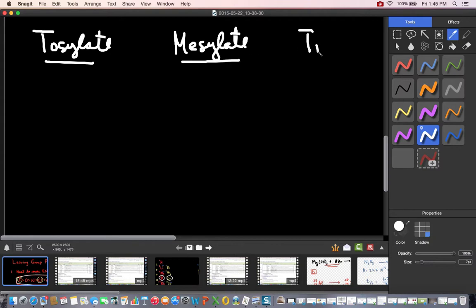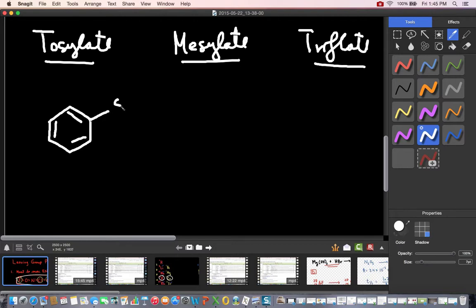One is called a triflate. So the tosylate has this structure.